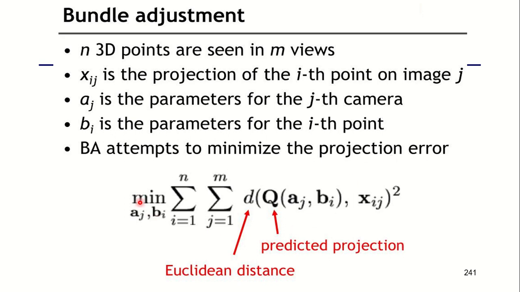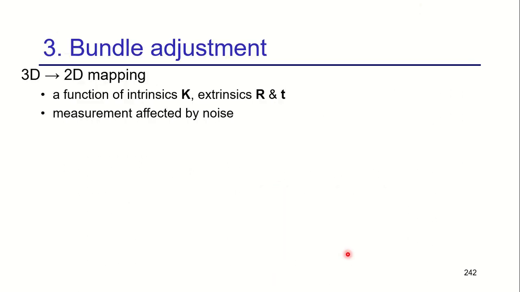The equation minimizes with respect to a_j and b_i the summation of i equals 1 to n and summation of j equals 1 to m of d(Q(a_j, b_i), x_ij) whole squared. This denotes the Euclidean distance, and Q represents the predicted projection.